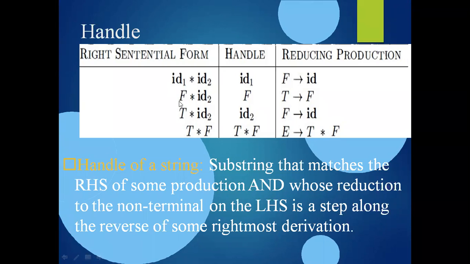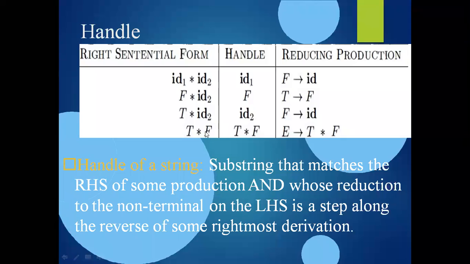In the place of this ID, I replace F. Now handle F. From the given grammar, I have the production T tends to F. So reducing this right-hand side by replacing it with its left-hand side variable T. In the place of F, we now replace T. And now handle ID2. Again ID has the production F tends to ID, so the right-hand side is replaced by its corresponding left-hand side F.